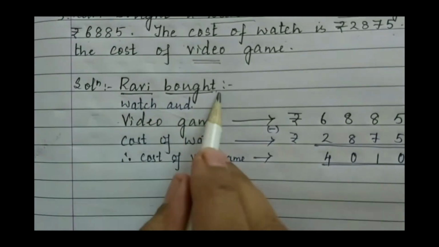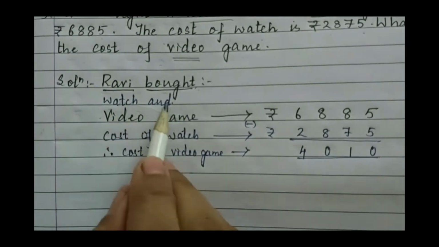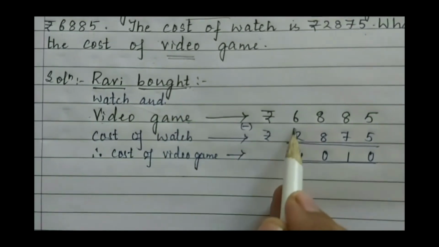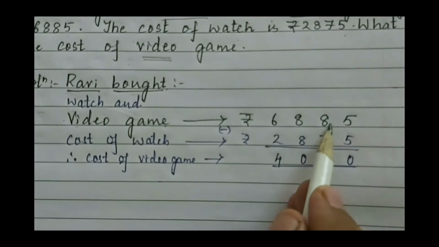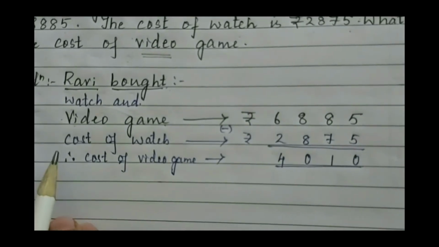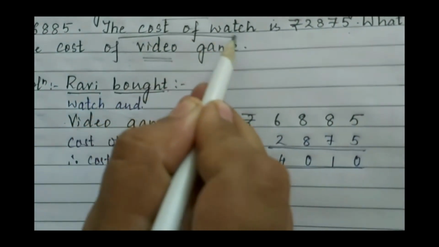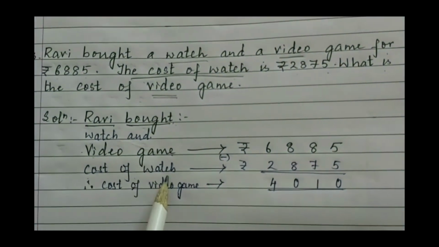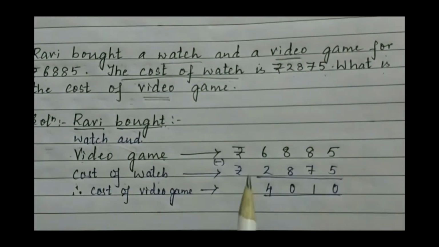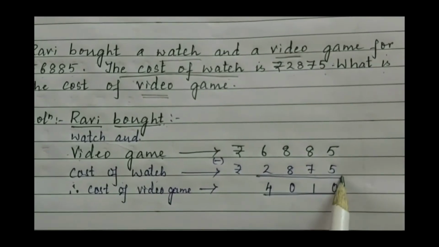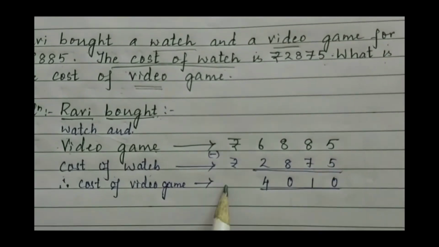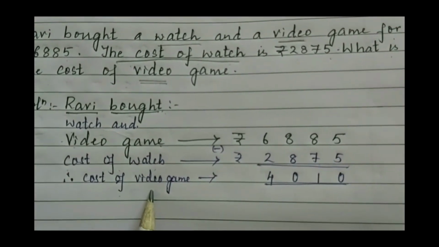Who has bought? Ravi bought. What he has bought? Watch and a video game for 6885. What is the next sentence given here? Cost of watch. Cost of watch is 2875. The remaining will be the cost of video game.